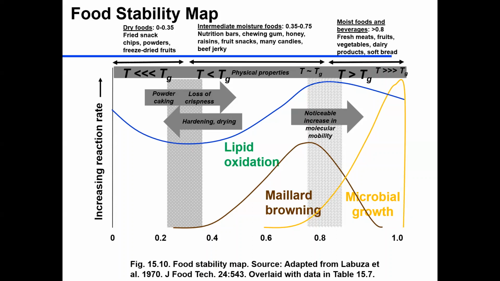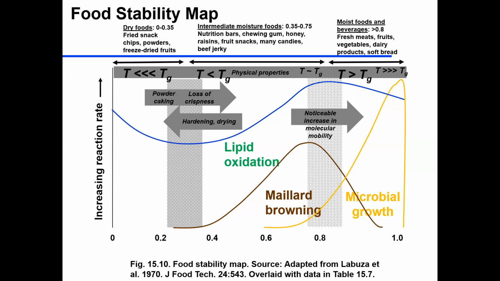So if it's a dry or semi-dry product with a potential problem of oxidation, here's where we like to be. We'd like to have a water activity in this range. As we go up in water activity, the rate tends to increase until it's really dilute. And then as it is more and more dilute, there's less oxidation. So water activity is important to us in terms of shelf life and stability of products.